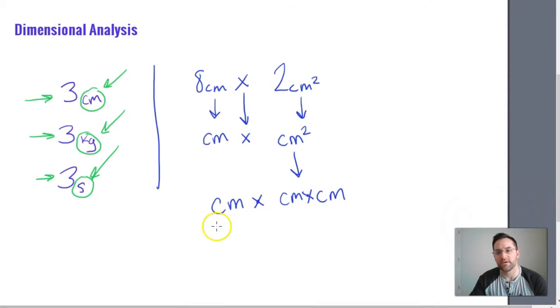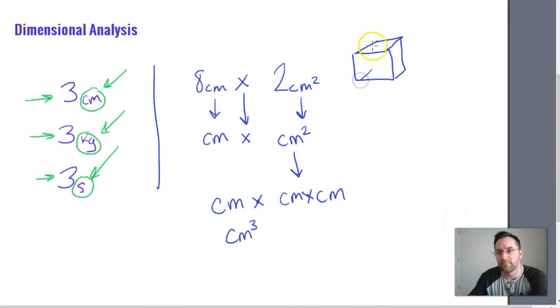And so we can see that that is centimeter to the power of 3, or centimeter cubed. Because centimeters are a measurement of length, and it's cubed, we see that it's a measurement of volume, right? That's sort of a cube, isn't it? So we have this volume measurement.